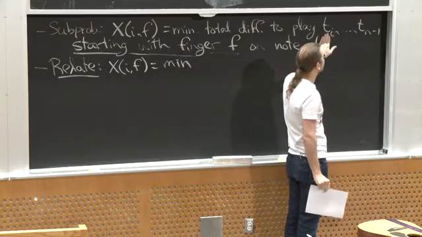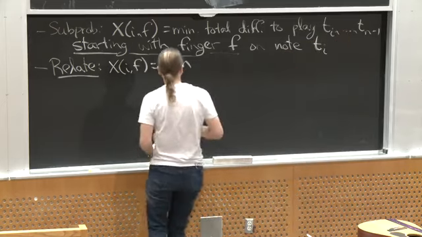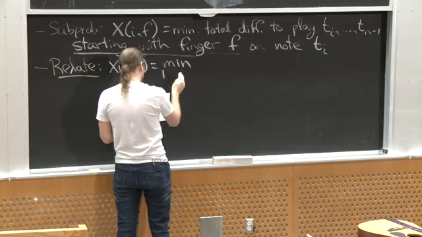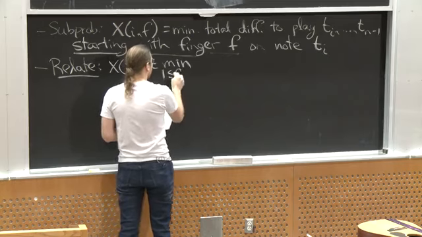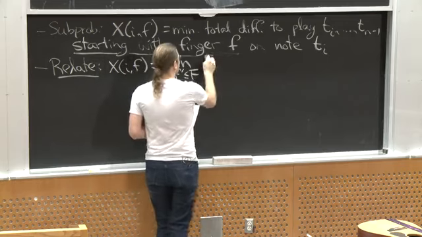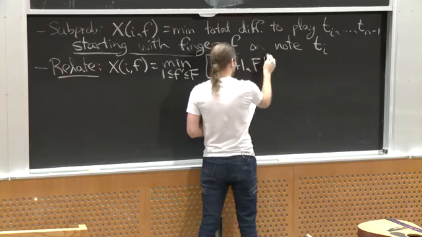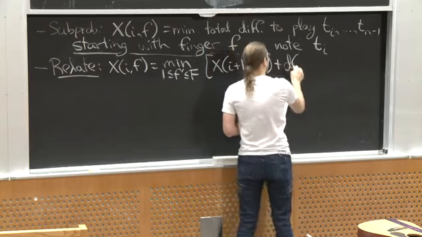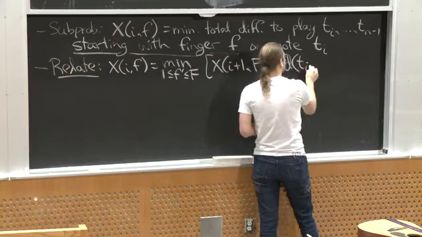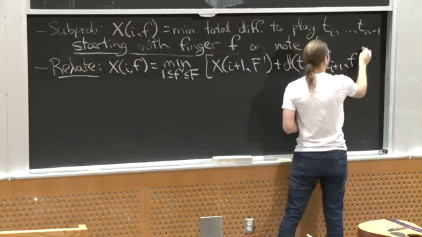Well, I guess what finger to use for the t_i plus 1, the very next note. What is the next finger I use? I will call that f prime and minimize over f prime between 1 and capital F of the remaining suffix starting with f prime plus my difficulty function from t_i comma f to t_i plus 1 comma f prime.